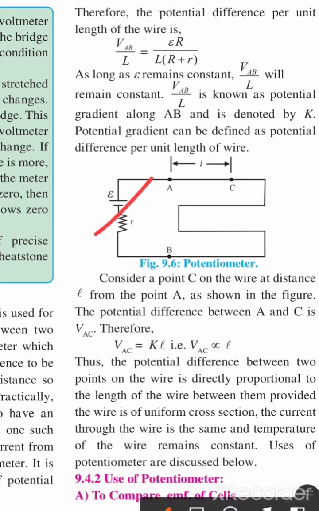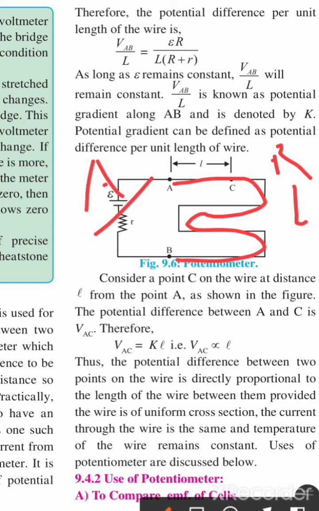This figure gives us the construction of the potentiometer instrument. In this, wire AB is the potentiometer wire having length L, resistance R, and uniform cross-sectional area A.